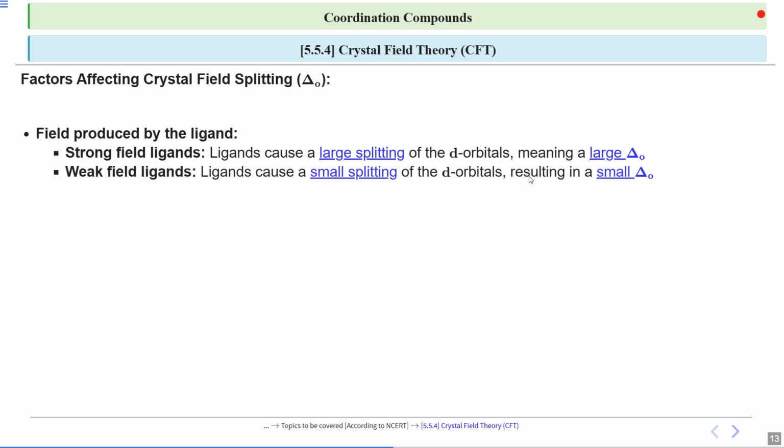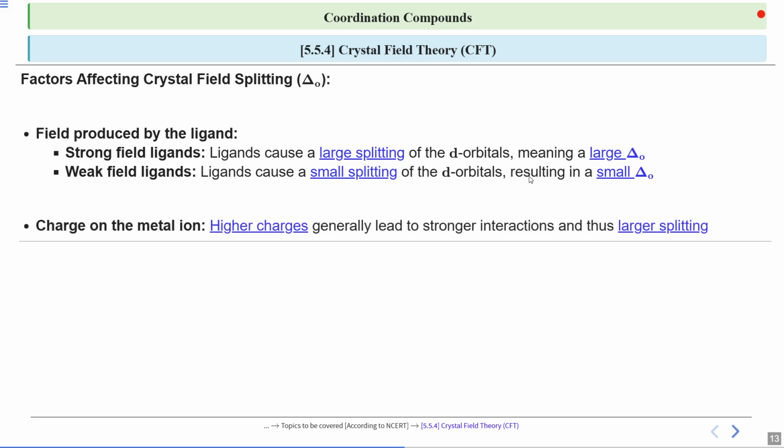If we have weak field ligands in our complex, then the ligands will cause small splitting of the d orbitals, resulting in a smaller delta naught, smaller crystal field splitting.